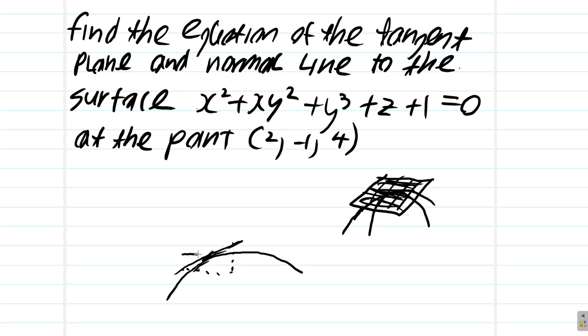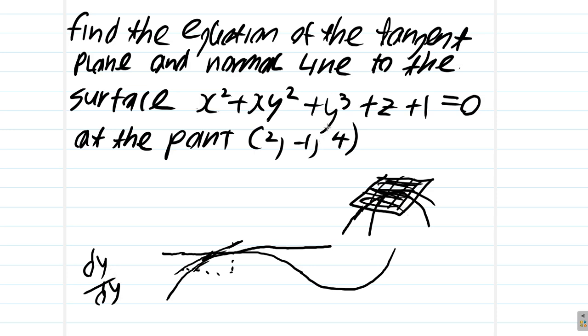You remember that when we generally found a stationary point on a two-dimensional curve, that point was where the gradient equals 0. And what we did was to find the gradient function of the tangent and equate it to 0. And that gradient function was the derivative, like dy by dx, right?